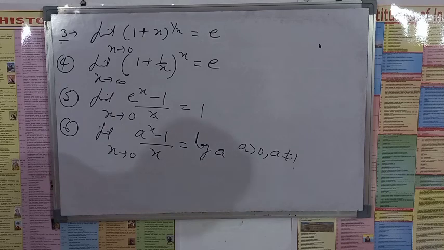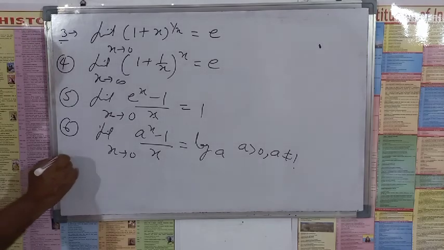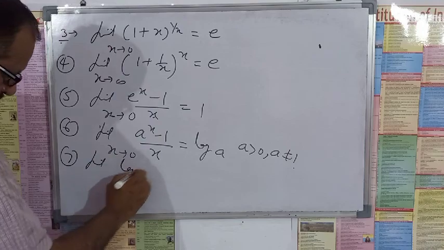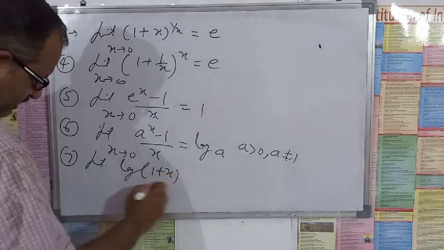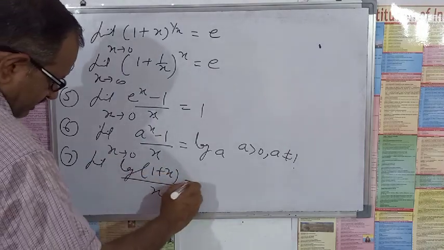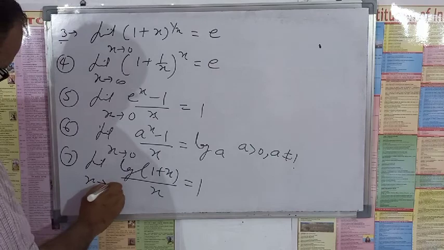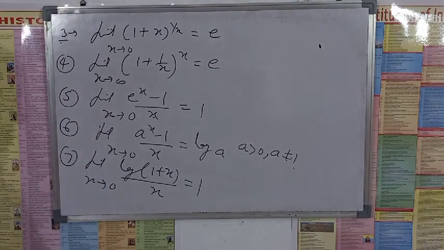So now we will see exercise 5.9. And one more result we have to write here: limit of log(1 plus x) upon x, x tends to 0. Its value is also 1.